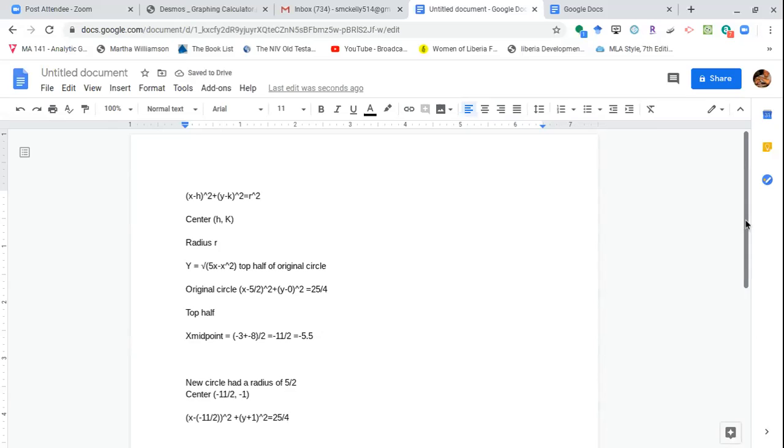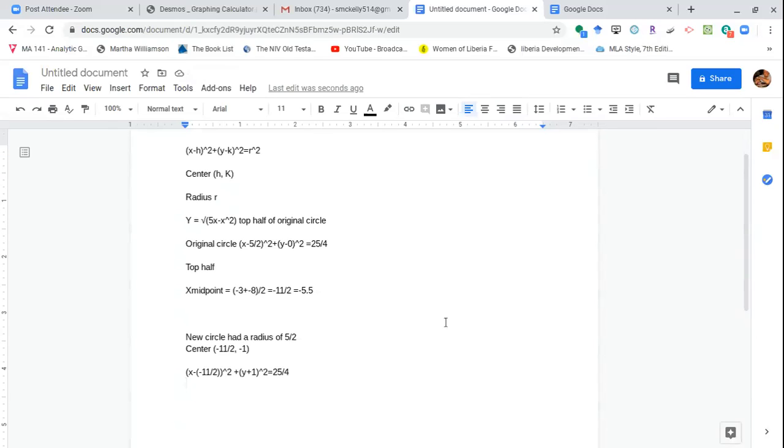So when I saw this, he gave you the bottom half of the circle, okay? So what I'm going to do is manipulate this and solve it for y.